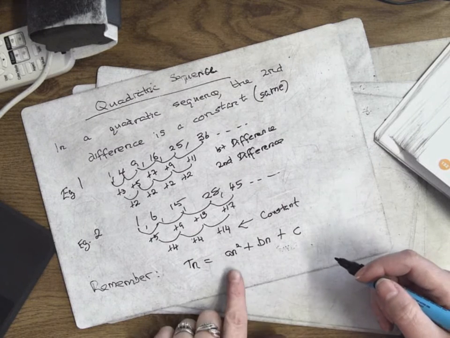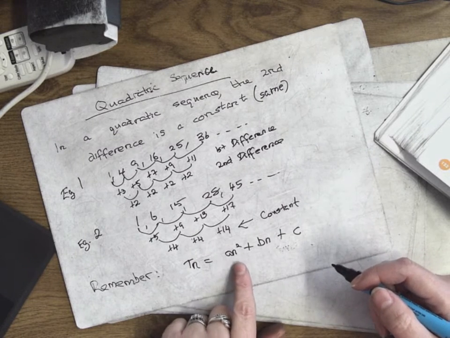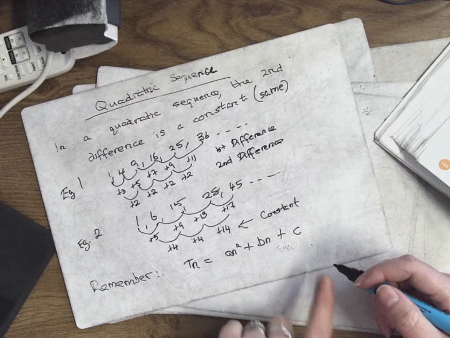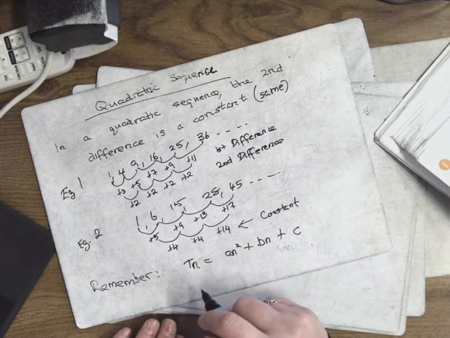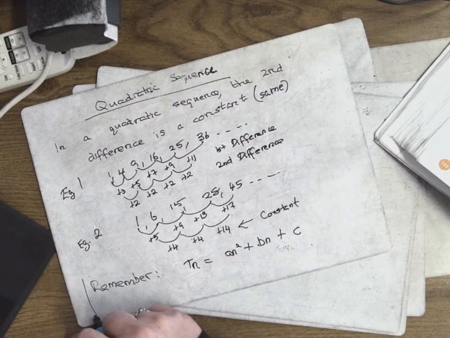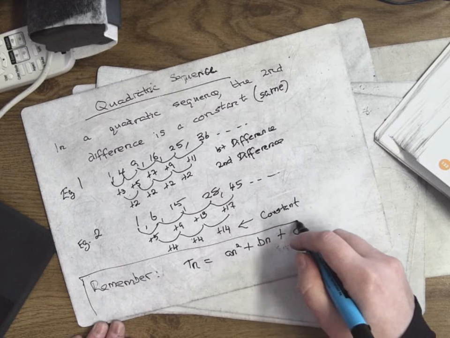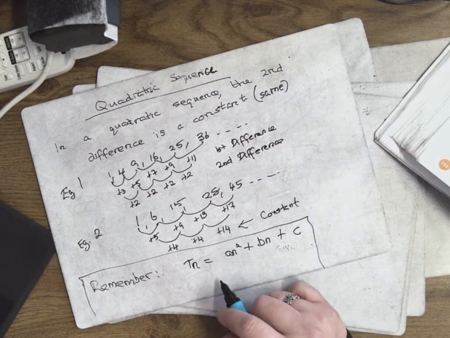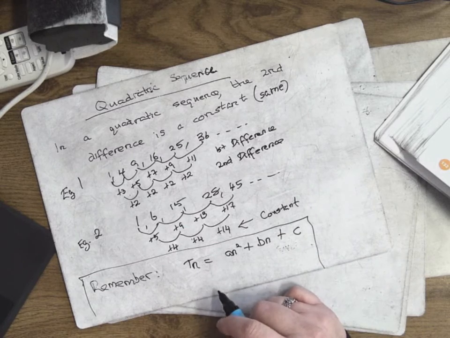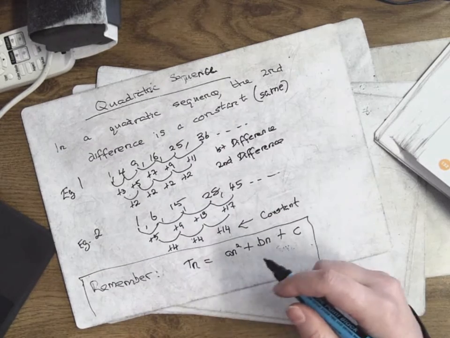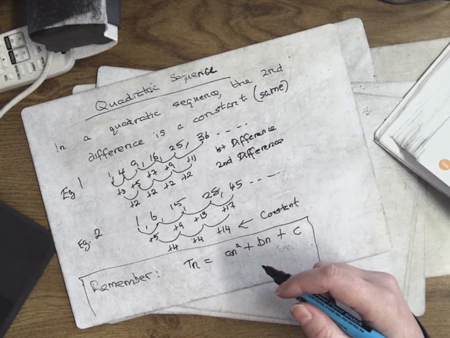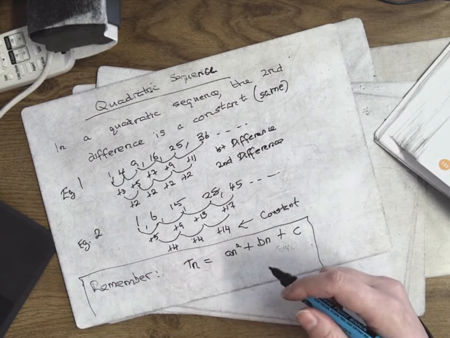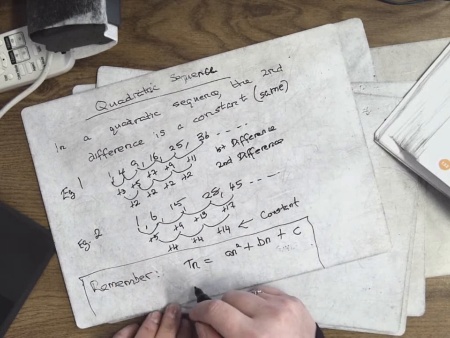So it's a number in front of n squared, plus a number in front of n, plus a number at the end. Now can I ask you to please note, we've had a already, where a was the first term. For a quadratic sequence, a is not the first term. A is different, and this is how you get what a is.